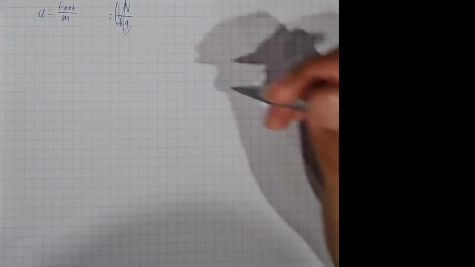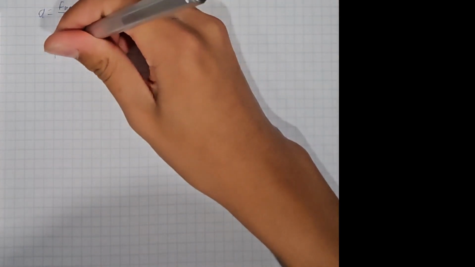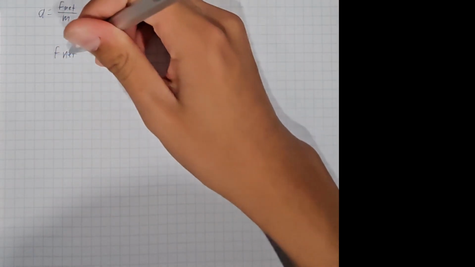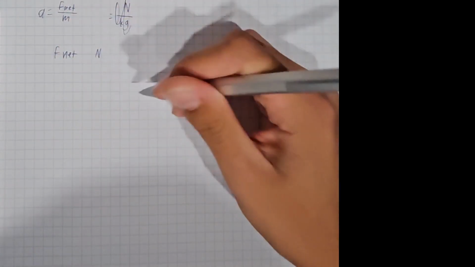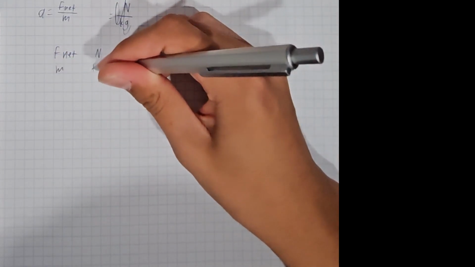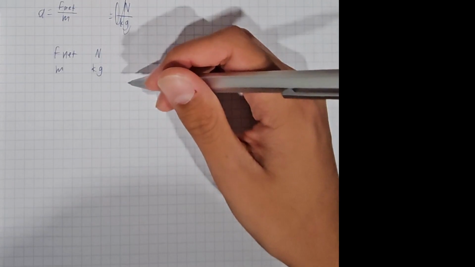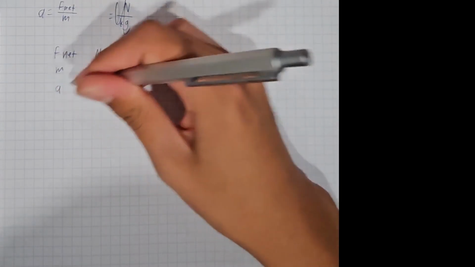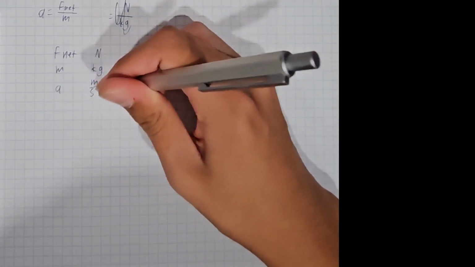So remember that the units for this equation are that the net force is in newtons, or N, the mass is in kilograms, or kg, and the acceleration is in meters per second squared.